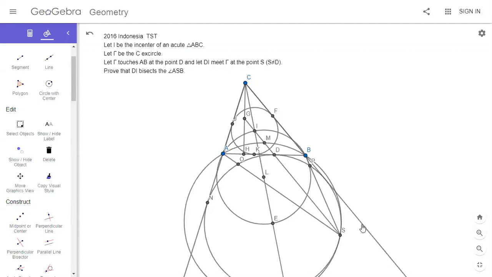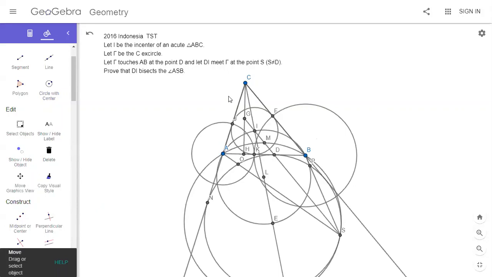All right. I'm still thinking about my idea of trying to show AJ times AS is BF times BS. Actually, what if I draw this circle right here? Hold on just a sec.